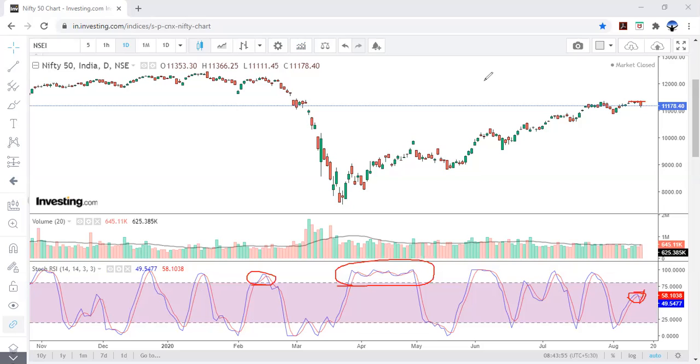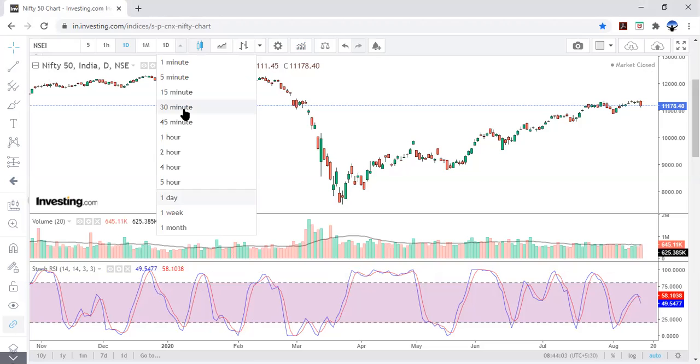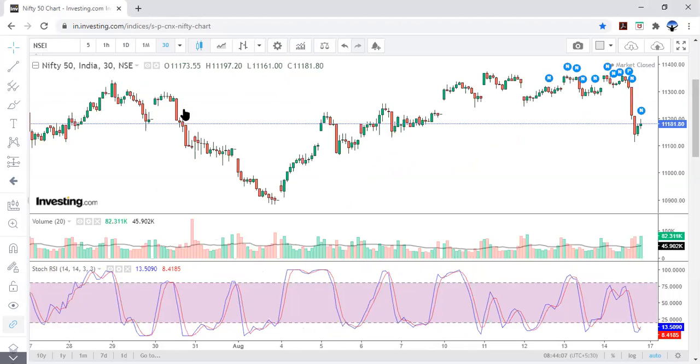This is on the daily chart. Now you can also check it for weekly or intraday purposes. As per this situation, it is also overbought.